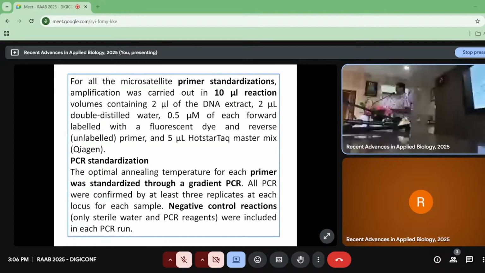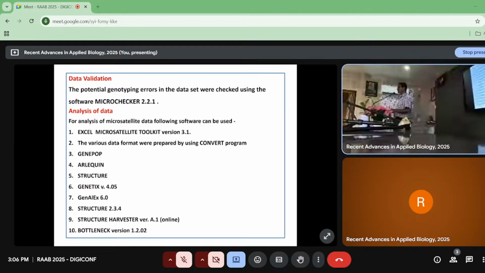After collecting data, it was set in software such as Microchecker, and some bioinformatics tools were also used: Excel Microsatellite Toolkit. Various data formats were prepared using Convert program, then GenAlEx, GenePop, Arlequin, Structure, Structure Harvester, Bottleneck, etc. All these are bioinformatics tools.